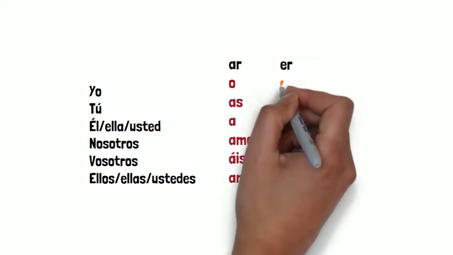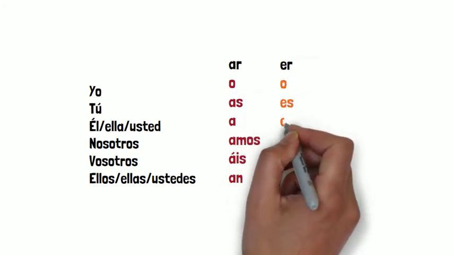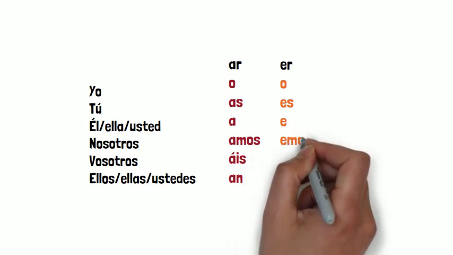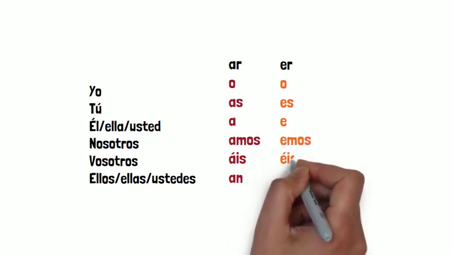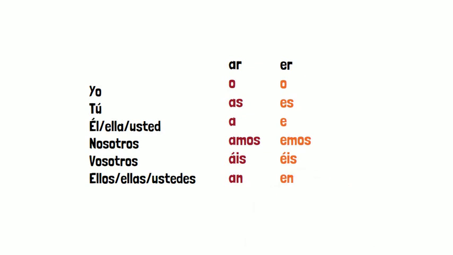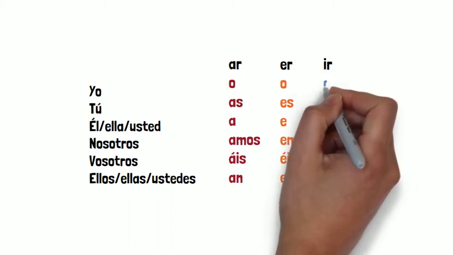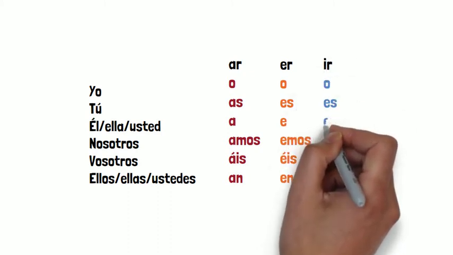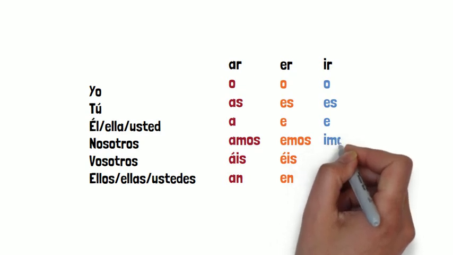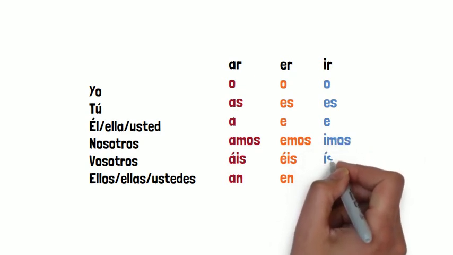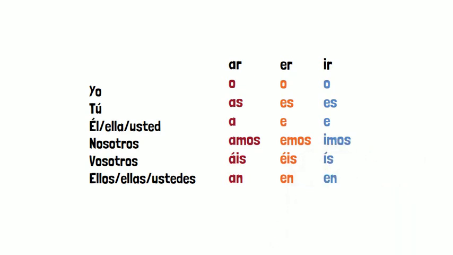The ER verbs must end in O, ES, E, EMOS, É, ÉIS, then EN. And finally, the IR verbs must end in O, ES, E, IMOS, Í, ÍS, and EN.